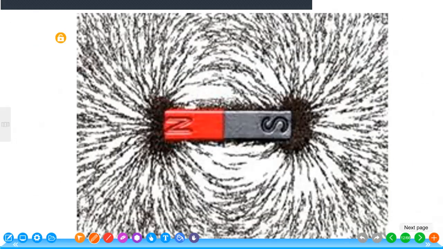Then if you want to observe these magnetic field lines, we can do a very simple experiment. You might have done this in previous classes. You can take a bar magnet like this, and on the bar magnet, you can place a piece of cardboard.